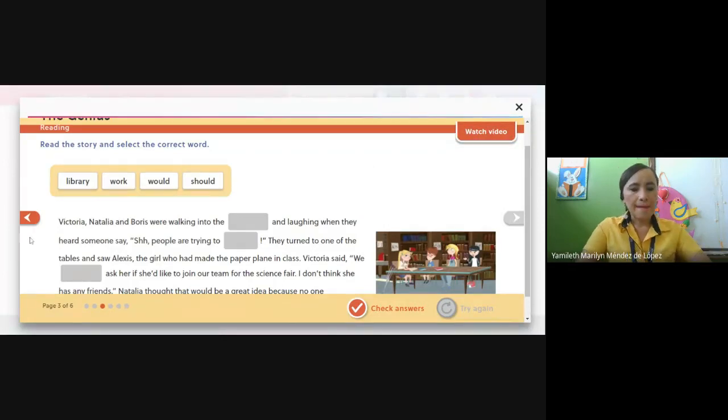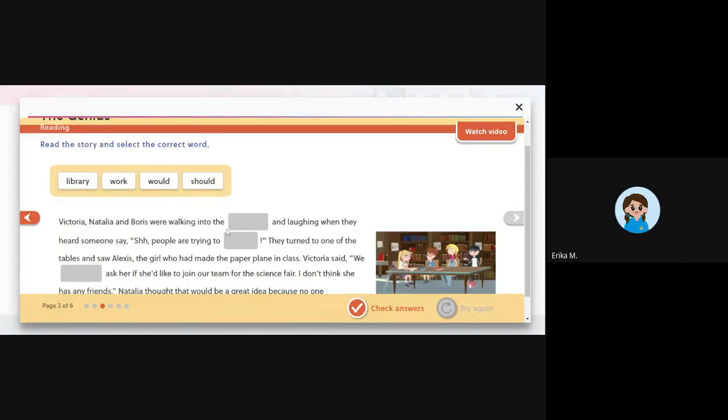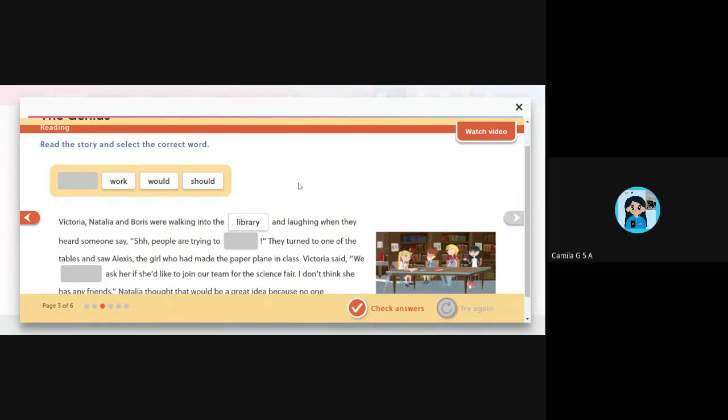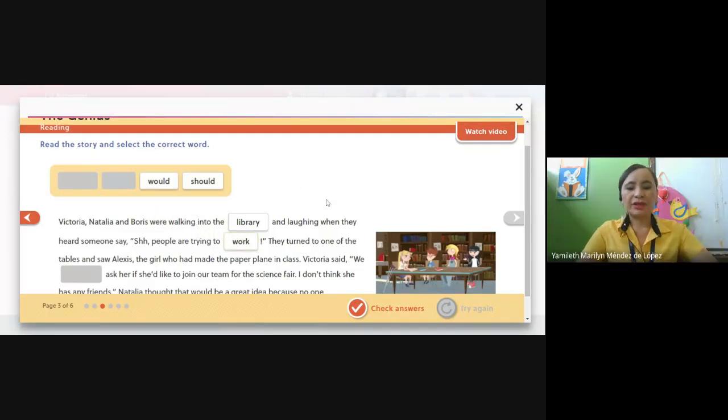Let's start. Victoria, Natalia, and Boris were walking into the library and laughing when they heard someone say, "Shh, people are trying to work." They turned to one of the tables and saw Alexis, the girl who had made the paper plane in class.